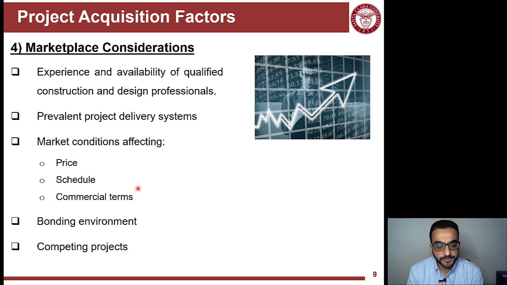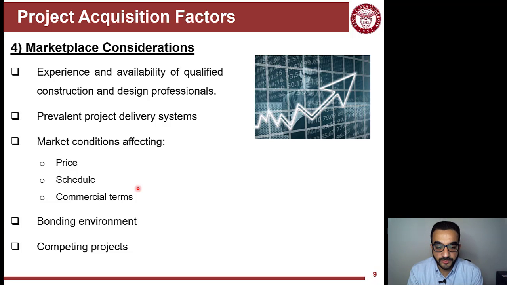This bonding has a capacity, so you cannot have a 500 million bond unless your assets in the company justify it, or the surety company will be comfortable giving you this 500 million bond. Think of it like insurance. So your financial capacity will affect the bonding capacity you have.